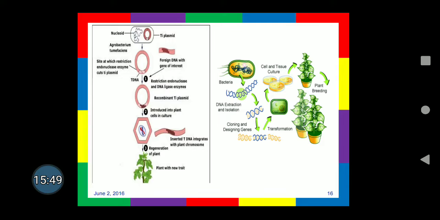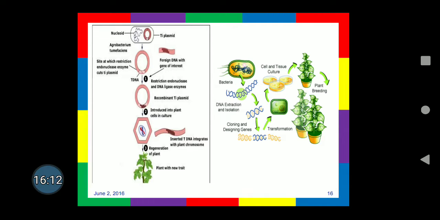The recombinant Ti plasmid is introduced into the cell culture by using a suitable vector. Then after inserting the Ti plasmid into the plant chromosome, the tissues are taken up and cultured for production.